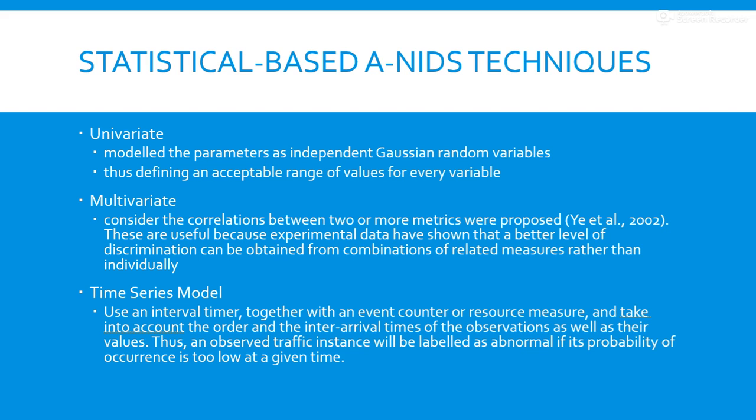Then come time series models, which focus on time intervals together with an event counter or a resource measure, looking for sequences of events that happen too rapidly or too slowly, and a variety of statistical tests can be applied to categorize abnormal timing in these models.